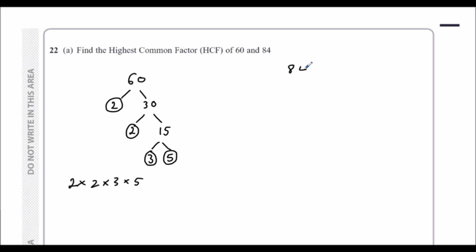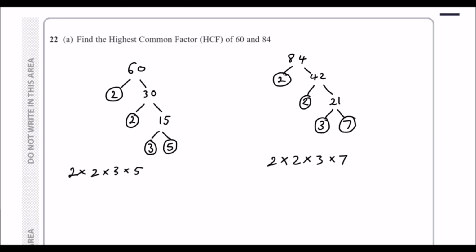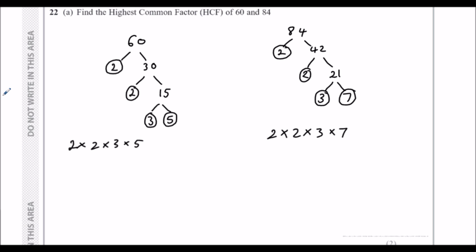84 is 2 times 42, which is 2 times 21, and 21 is 3 times 7. So 84 is the same as 2 times 2 times 3 times 7. I'm going to draw a little Venn diagram. So I'm going to have a circle for 60 and a circle for 84.